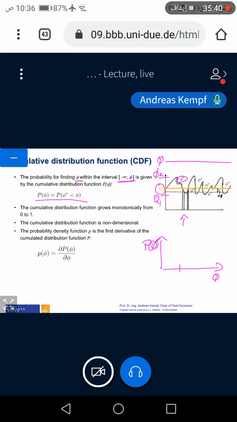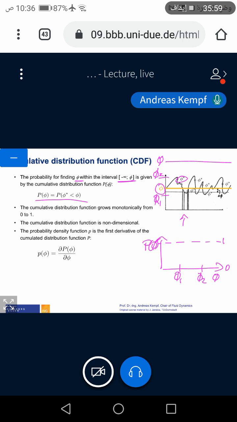We might have a value of phi 1, which in our case is around the lower limit, and the value of phi 2 is around the higher limit. And we know that we run into a limit of 1. We start from 0.